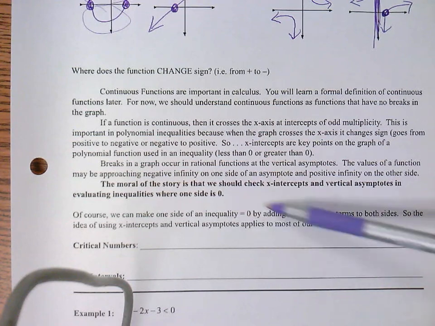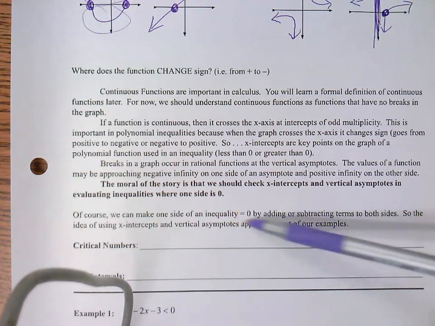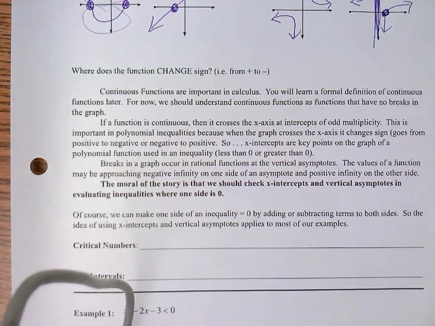And we always want the inequality to have 0 on one side of it, because then I'm looking for positives or negatives. If the inequality has the number 4 on one side of it, I can't use that rule of positive to negative. So we're going to have to add or subtract terms to both sides. And I do that on the back page, so you'll see an example of that.